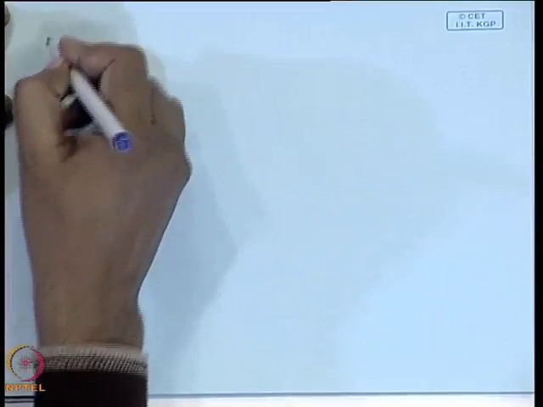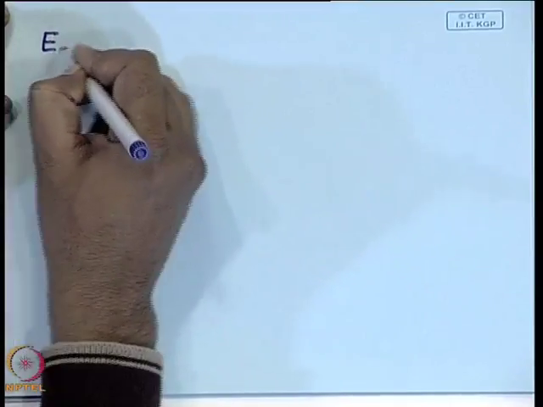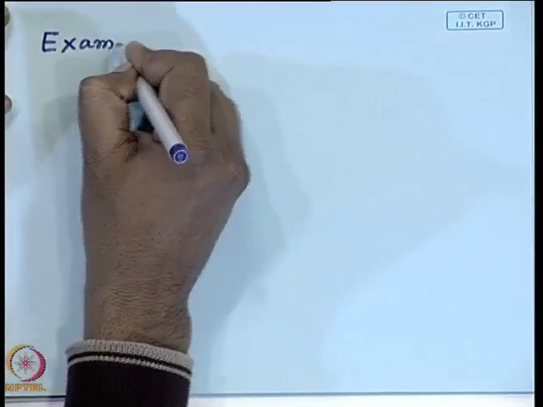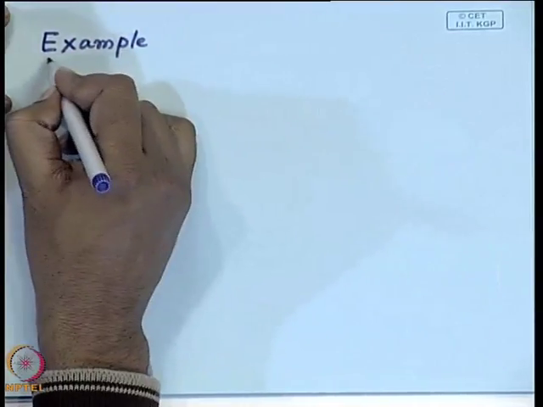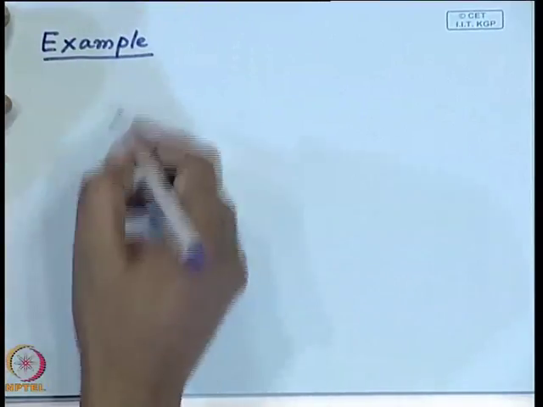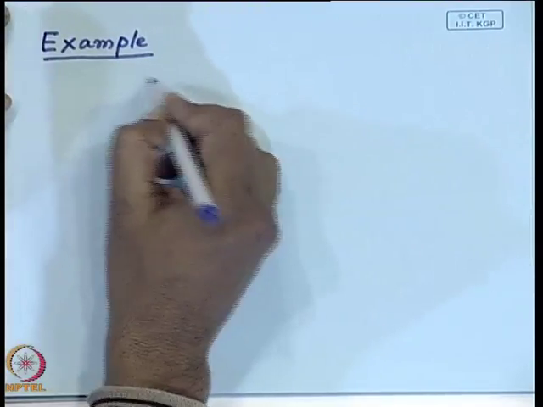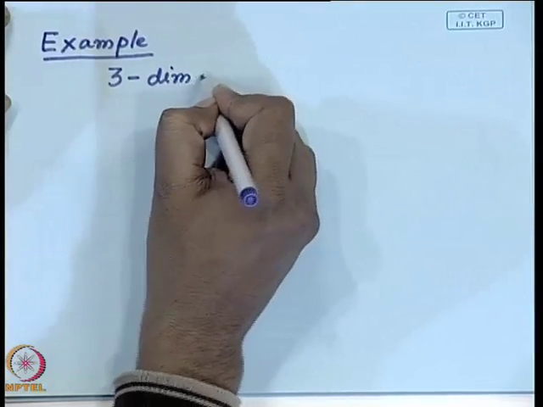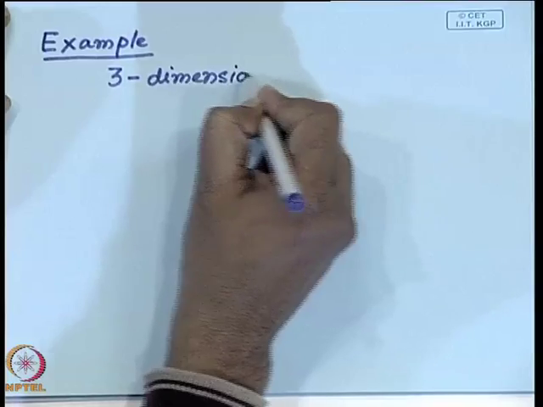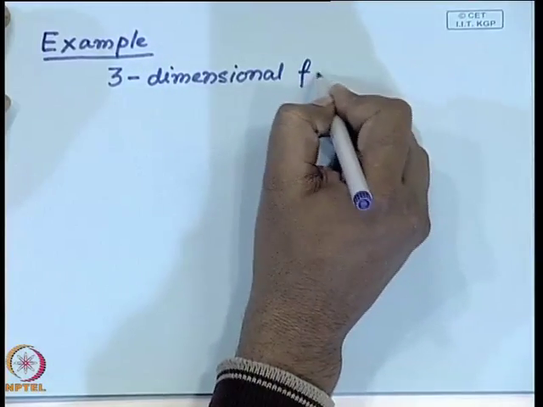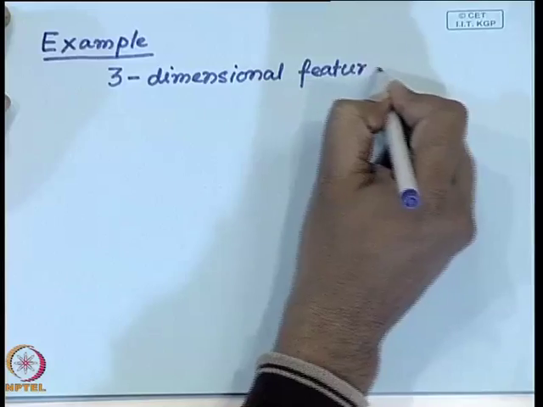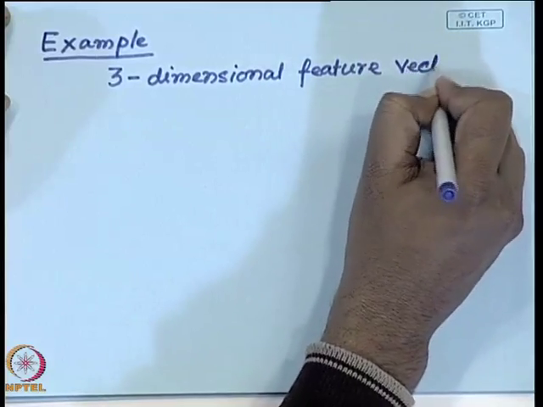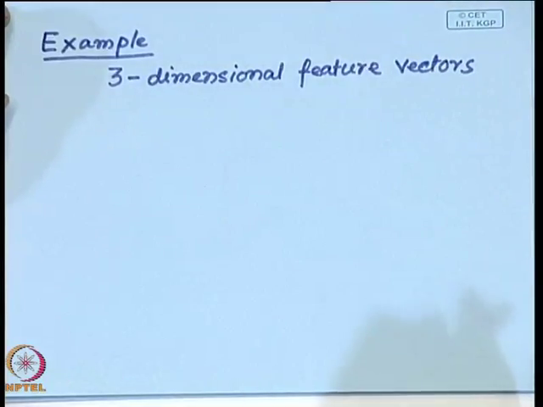Let us take an example. Okay. So, let us consider a 3-dimensional space or 3-dimensional feature vectors. Okay.